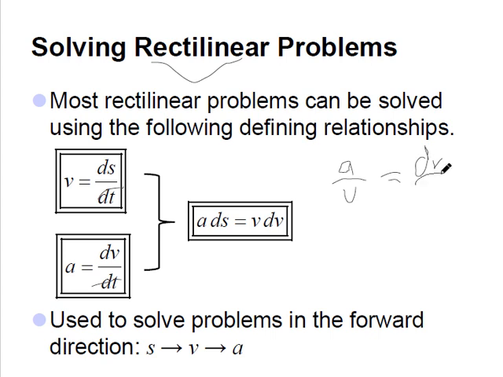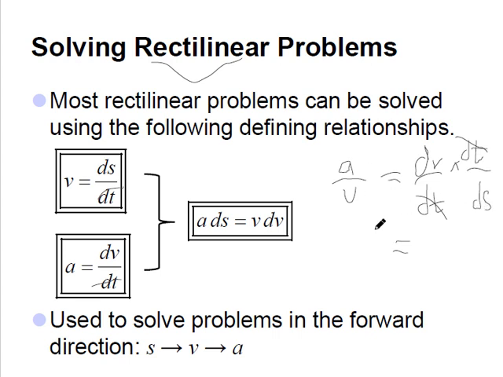So make sure you do this rearrangement of the equation this way. Then dv is down here, so your ds is down here, and your dt is up there, and this dt is going to cancel out. So now you're left with this.